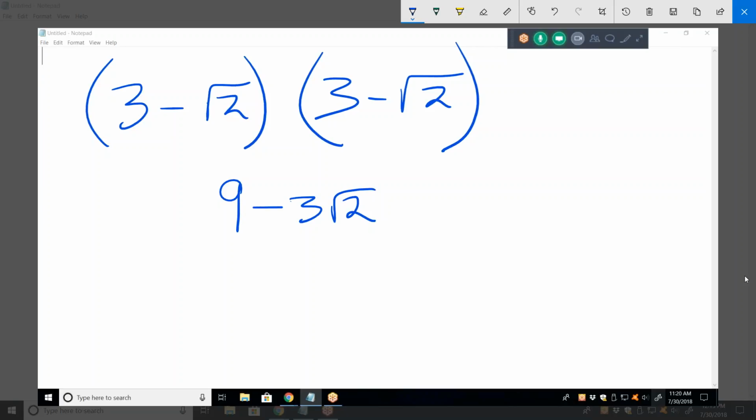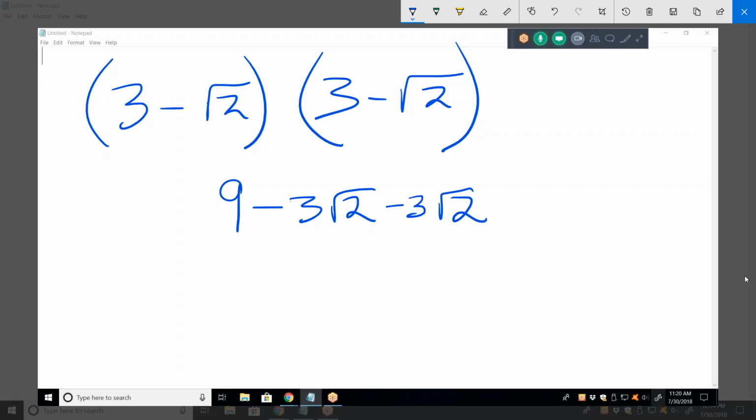Don't convert it to a decimal. They do not want you to do that. Okay? The next term, the I of FOIL: negative root 2 times 3, which is negative 3 root 2.